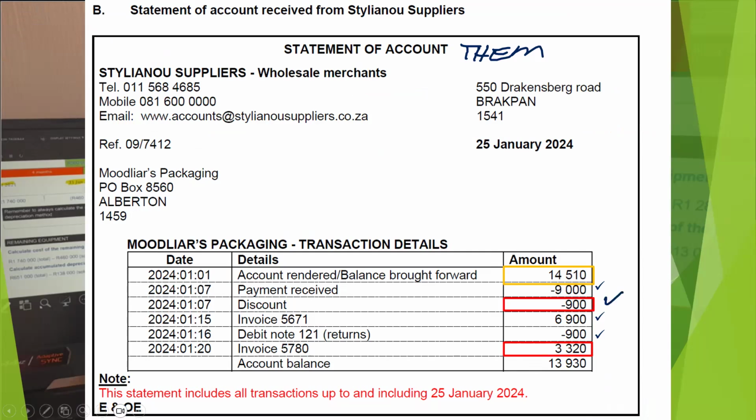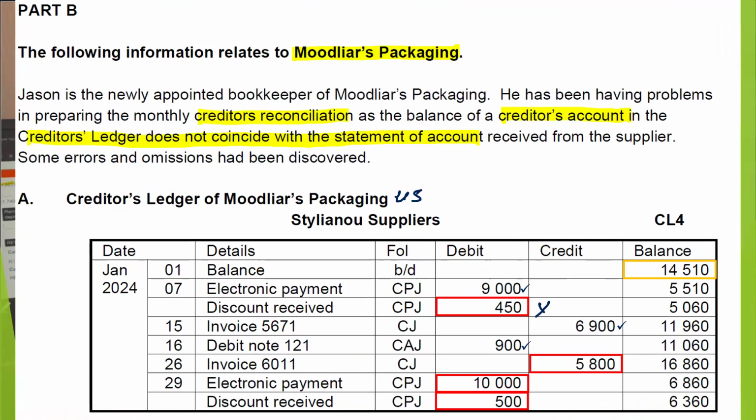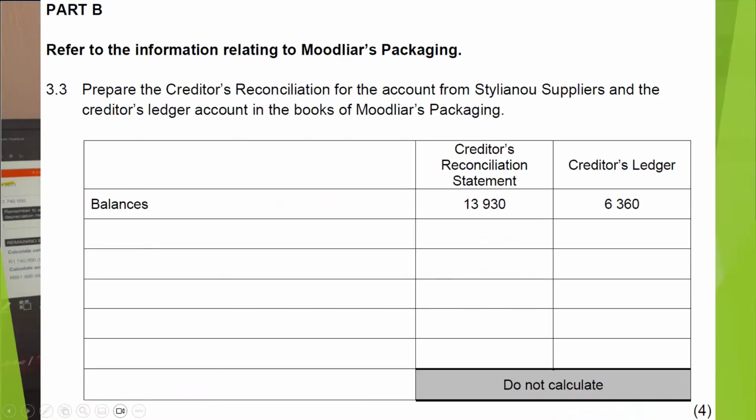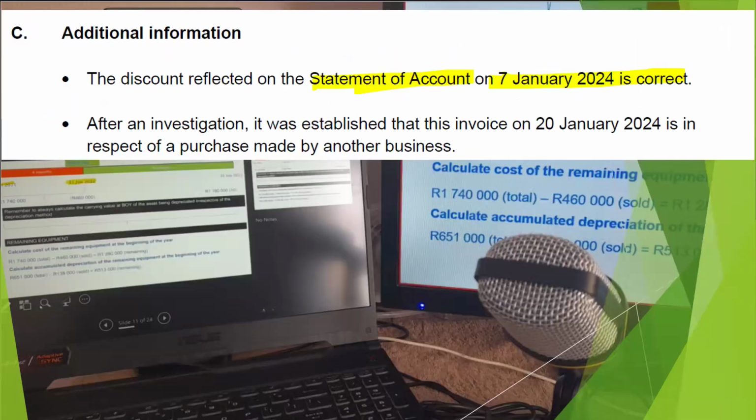That means the one that we've got is wrong. So the problem is us. So we need to correct it. We gave ourselves a discount that is less than what we're supposed to give ourselves. Because a discount reduces what we owe, we will take the difference and reduce it in the creditor's ledger because we are the ones that actually made the mistake.